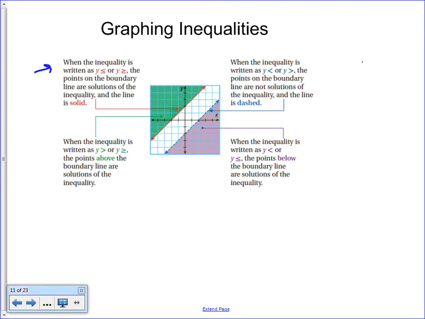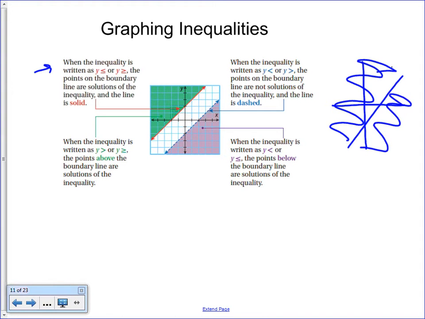So what we're going to be doing is, when we're given an equation, making a line, and then we're going to shade one side. Now, we can either shade the top or the bottom, and the line can either be solid or dotted. So this is what it's talking about. When it's greater than or equal to, or less than or equal to, you've got to make a solid line. Likewise, when it's just strictly less than or greater than, they're not solid, they are dashed.